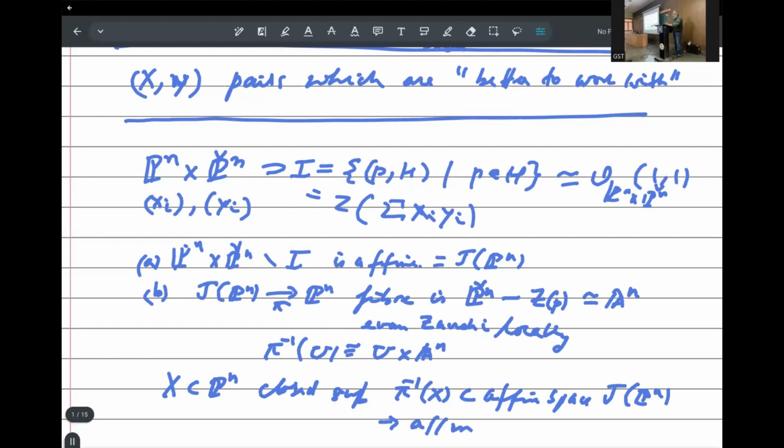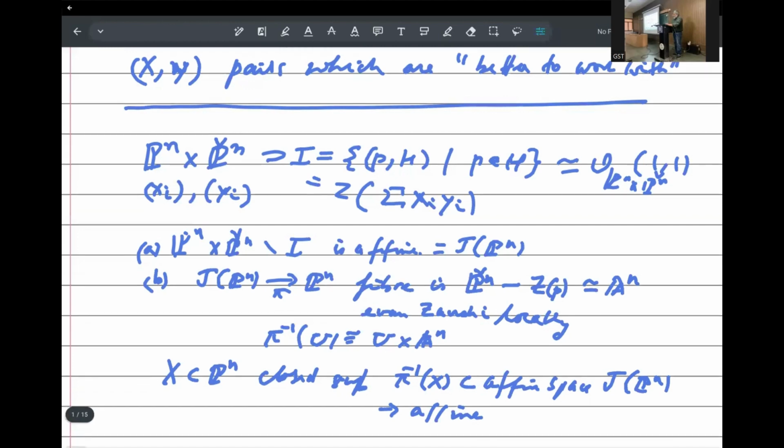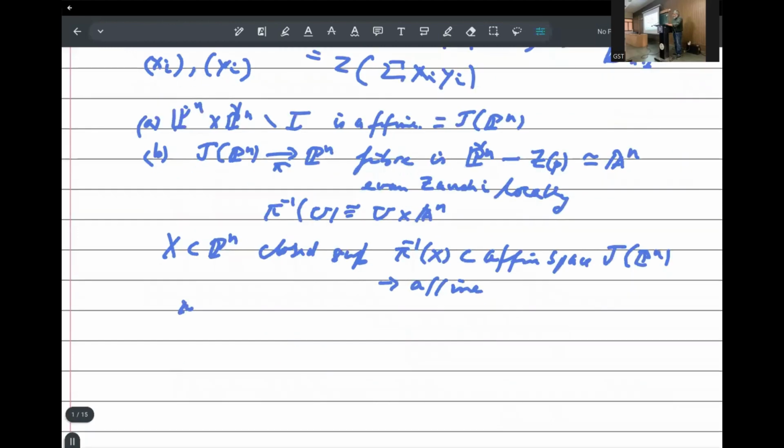And the natural map from pi inverse x to x is an An bundle. Okay. Which means that the topology of x is the topology of pi inverse of x.